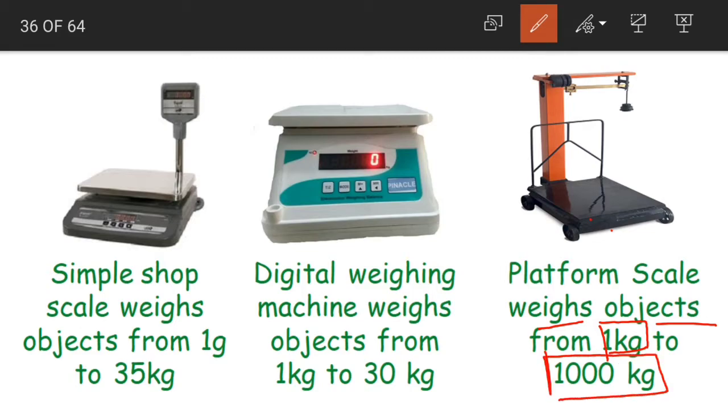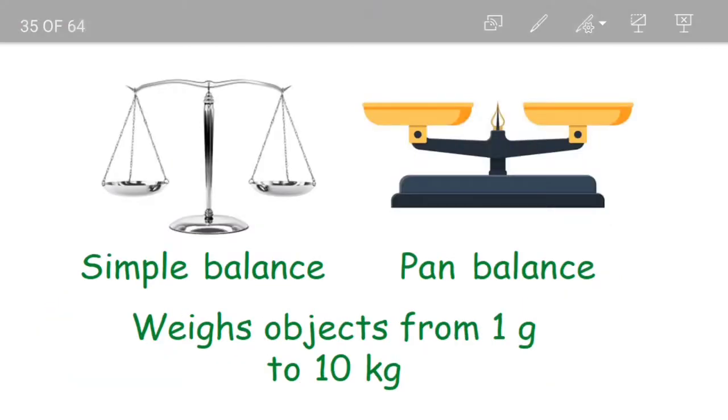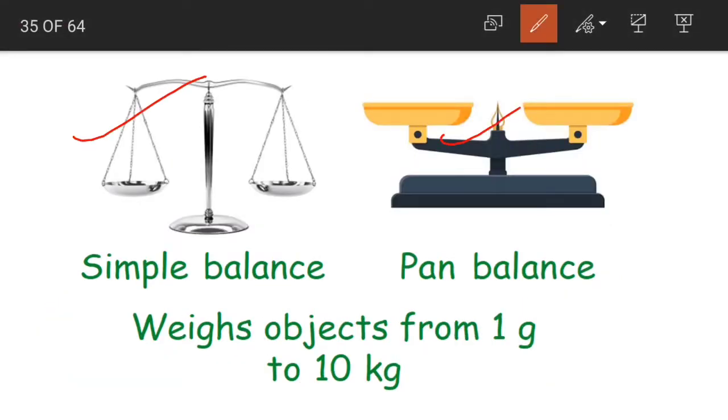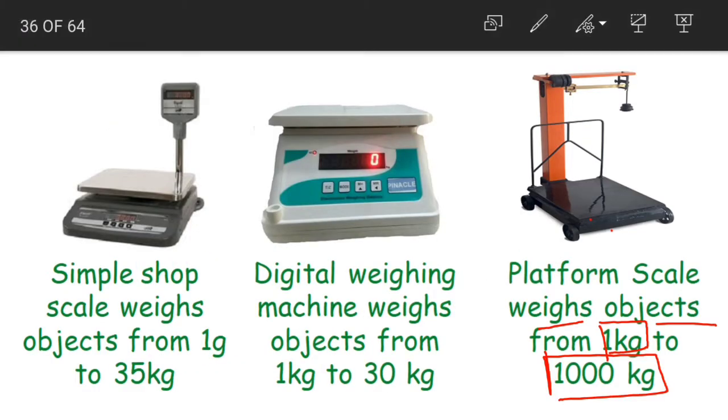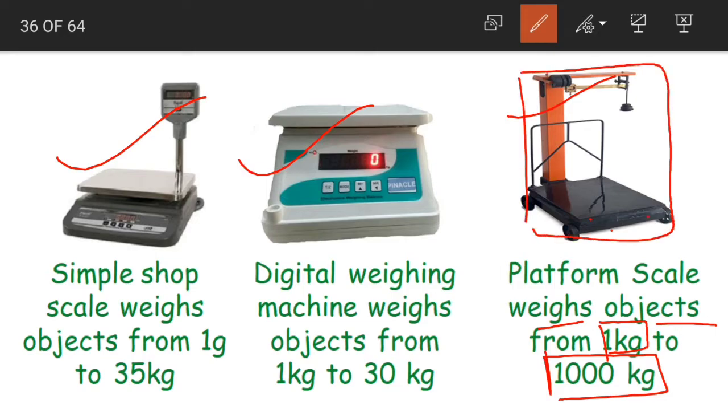Of all the measuring instruments that we have seen, the simple balance, pan balance, simple shop scale, digital weighing scale and platform scale, this has the highest weighing capacity. It can weigh objects from 1 kilogram to 1000 kilograms.